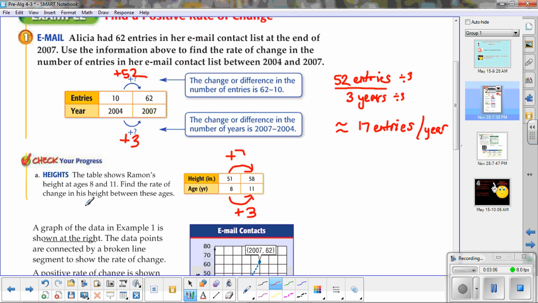So the rate of change in his height between those ages was 7 inches in 3 years.